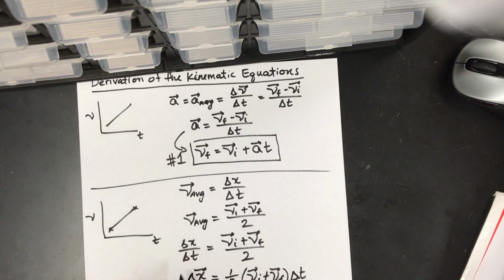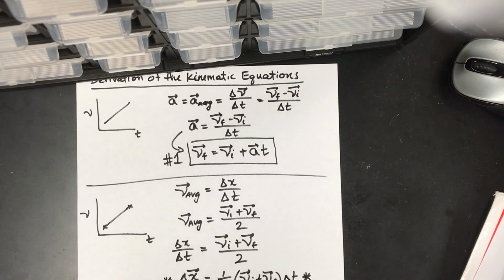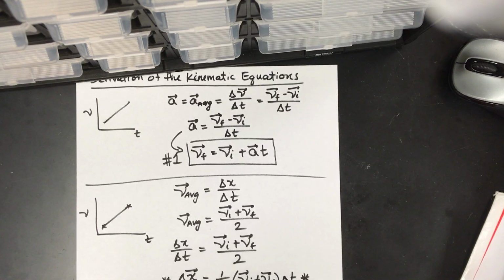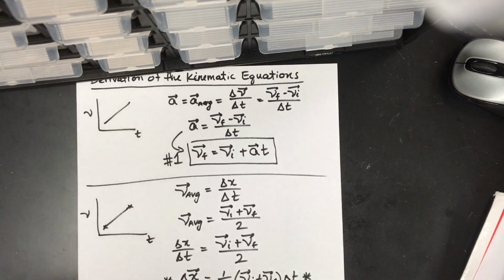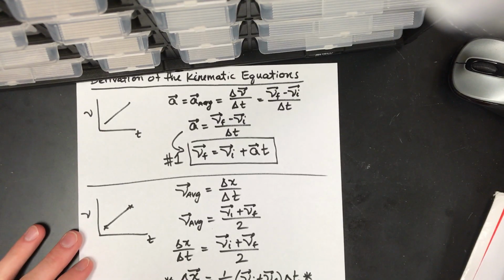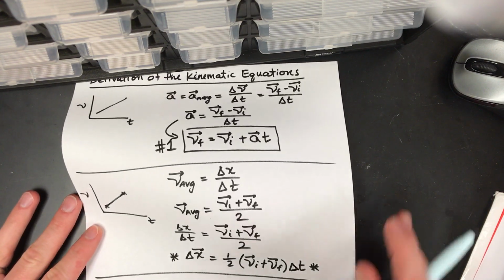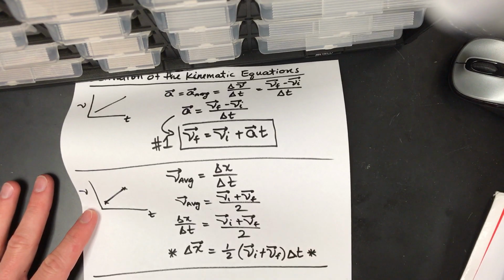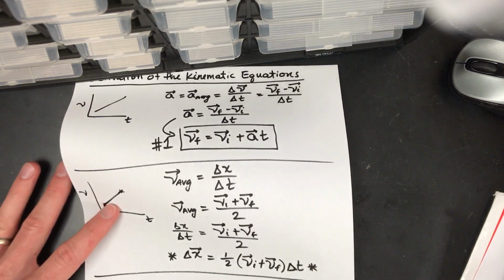And so this is another important equation. However, really all this is is delta x equals average velocity times time. So if you have a constant acceleration, you can use this equation. However, it's not an equation on the equation sheet. All right, so hopefully that makes some sense.